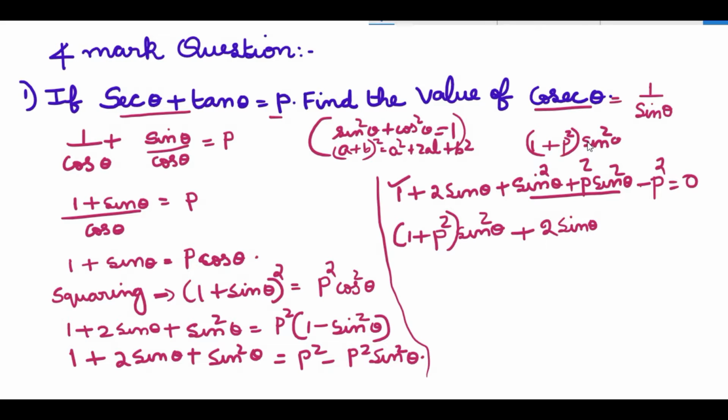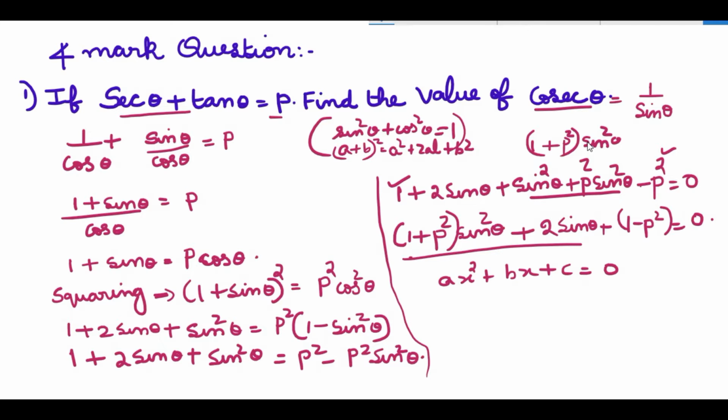Now this 1 and P square is constant, so I can write 1 minus P square equal to 0. Now this has become in the form of quadratic equation, that is ax square plus bx plus c equal to 0, where in the place of x we have sin theta, in the place of a we have 1 plus P square, in the place of b we have 2, and in the place of c we have 1 minus P square.